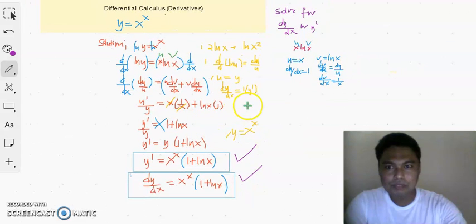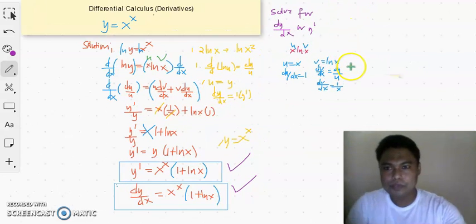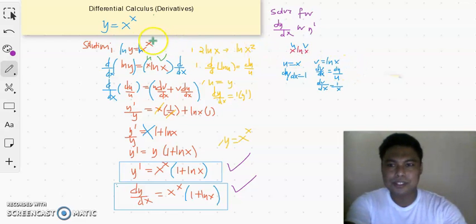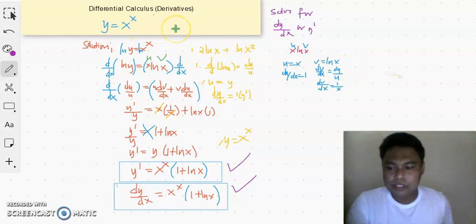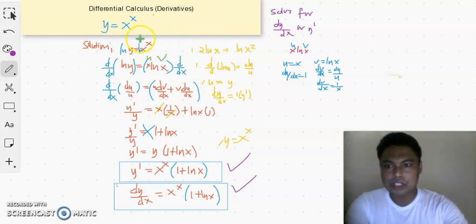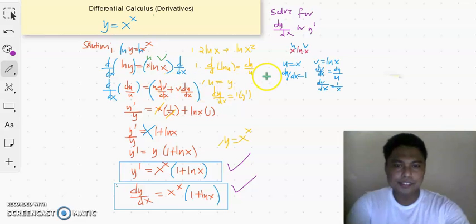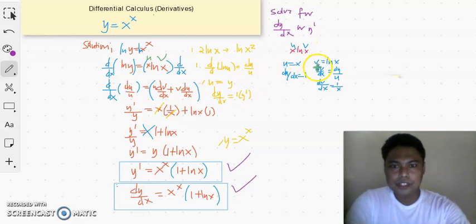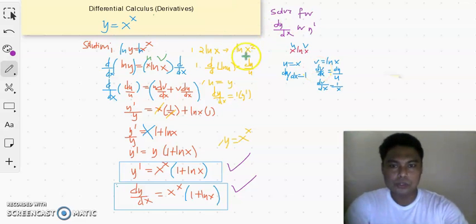Back to the problem again, solving for derivatives, for y equals x raised to x. First you need to take the natural logarithm, and then apply the differentiation formula for natural logarithm: the derivative of ln u equals du over dx over u.